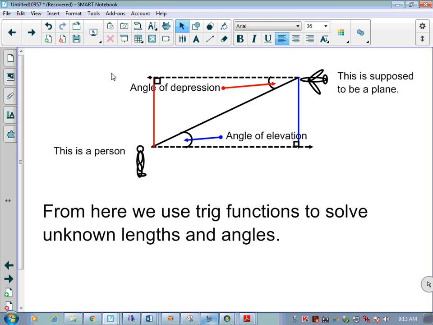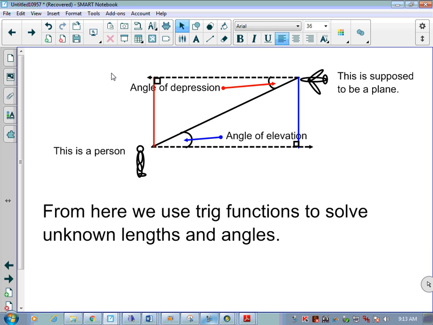Whenever we talk about angle of depression, typically it's going to be our right triangle upside down. Now if I've got a man on the ground and he's looking up, we get our pretty typical right triangle here. We get the difference. I hope so, because if we get angle of depression and angle of elevation flip-flopped, we're going to end up getting a lot of these questions wrong. We're going to do the exact wrong thing.